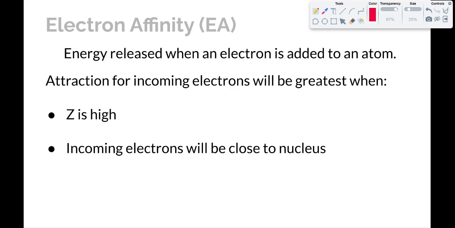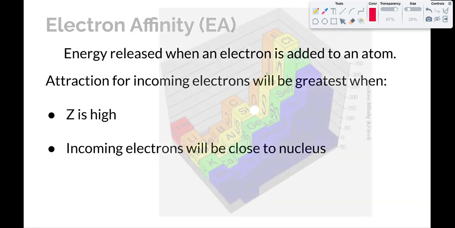So that means small atoms, which means small shells. So as you get towards the right-hand side where the effective nuclear charges are bigger, and towards the top where the shells are smaller, that's where you're typically going to see your largest attraction for incoming electrons.